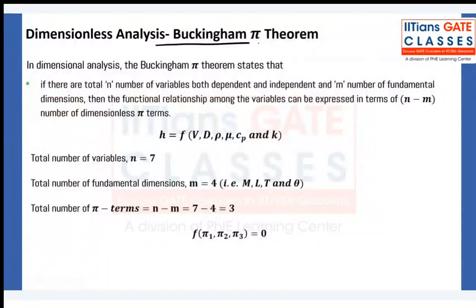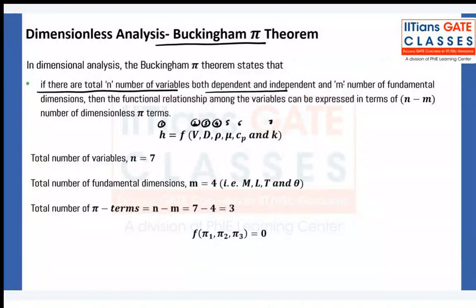It says if there are n total number of variables, both dependent and independent. So how many variables are there? 1, 2, 3, 4, 5, 6, and 7. We have a total of 7 variables, both dependent and independent combined.